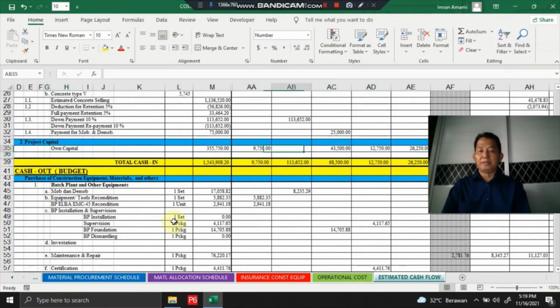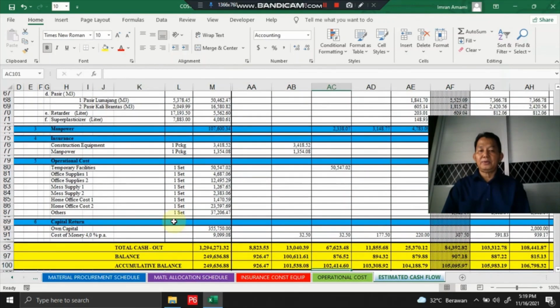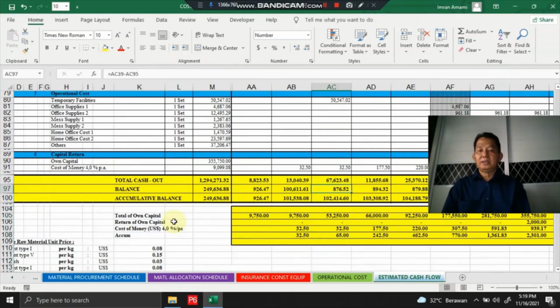And we make a schedule for paying the cost of money from own capital or company capital, and a schedule for the cost allocation for the refund, the payment of cost of money.